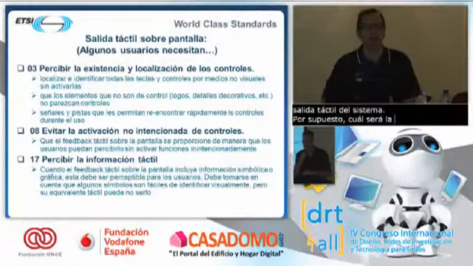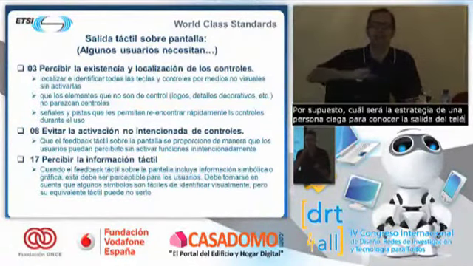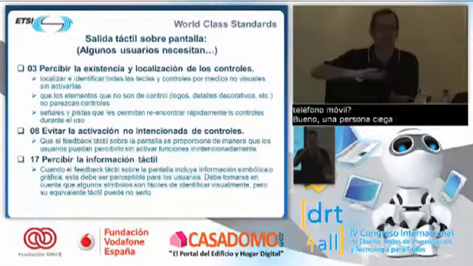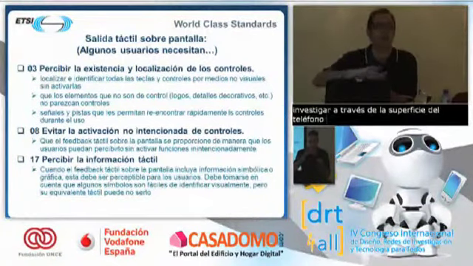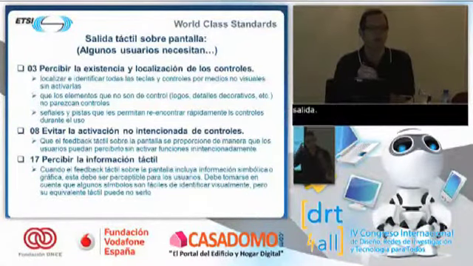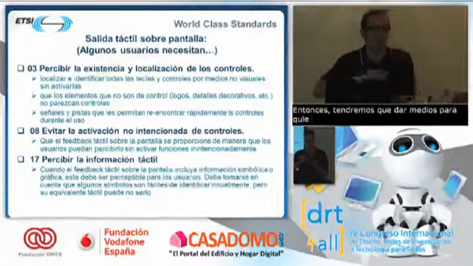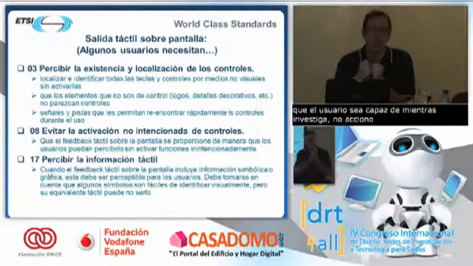And what would a blind person be able to do to understand the output of a mobile phone? Well, a blind person would have to investigate the surface of the touchscreen to find the output. We have to help the user to be able to do this without unintentionally activating any control.